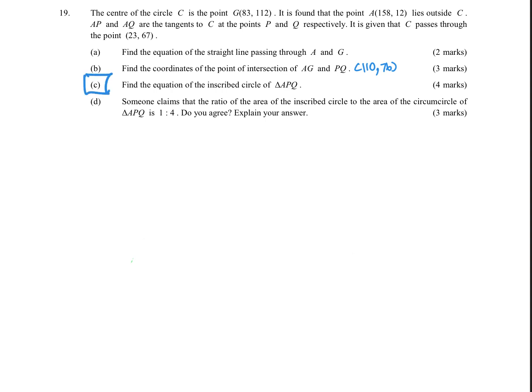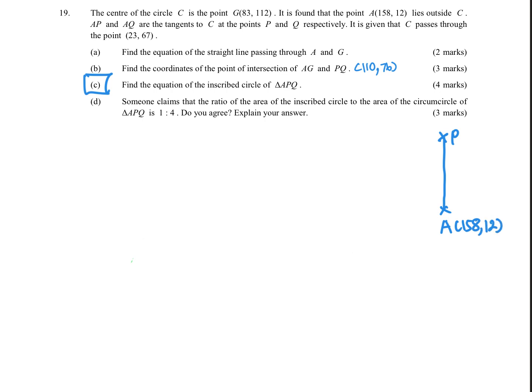So find the equation of the circle of triangle APQ, not the inscribed circle of triangle APQ. So let's recall, first of all, we have the point A outside the circle, and then supposedly we have a P, which is vertically above A. And then the coordinates of A will be given from the question.